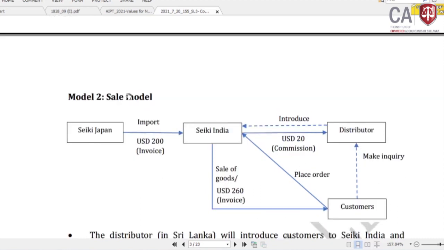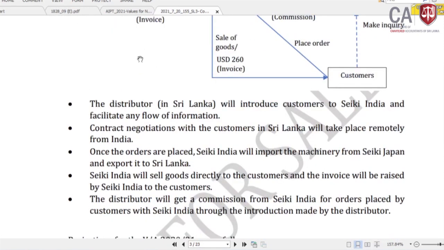Okay. Now, what are the features of it? The distributor in Sri Lanka will introduce customers to Seiki India and facilitate any flow of information. There is a distributor, he is facilitating information, saying there is a construction machinery like this, that's only his part.